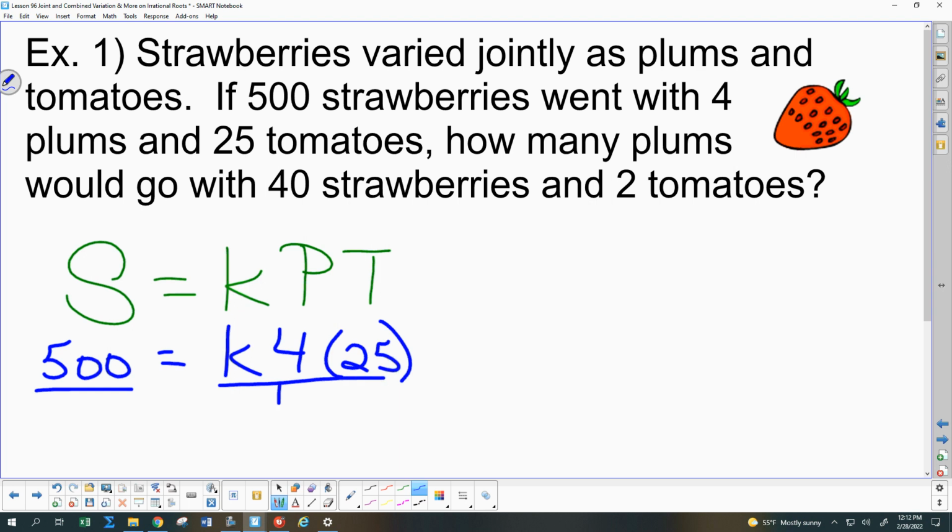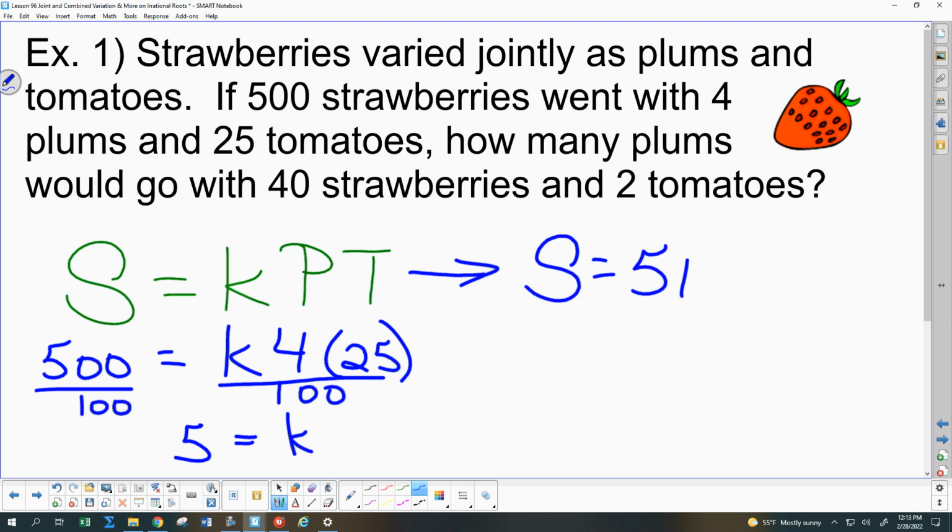So for that one, since 4 times 25 is 100, we divide by 100 to have just k. Divide this side by 100, and we know k is 5. Then write down what that means our formula really is. It is really S equals 5PT. Then we move to case 2 and plug in wherever we have them.